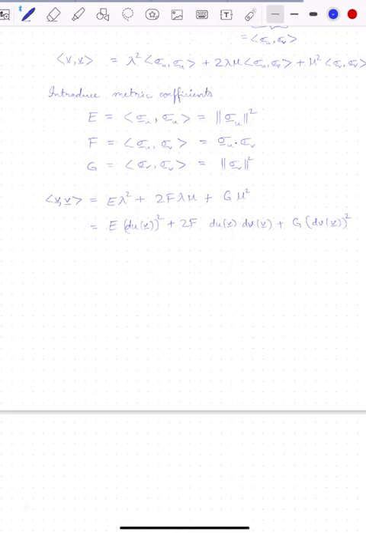So in books, in literature, there are alternate expressions as well. So we also use the following expression as the first fundamental form. So it tells us E du squared plus 2F du dv plus G dv squared. And these are just differentials in u and v. Right. So these are differentials in u and v.